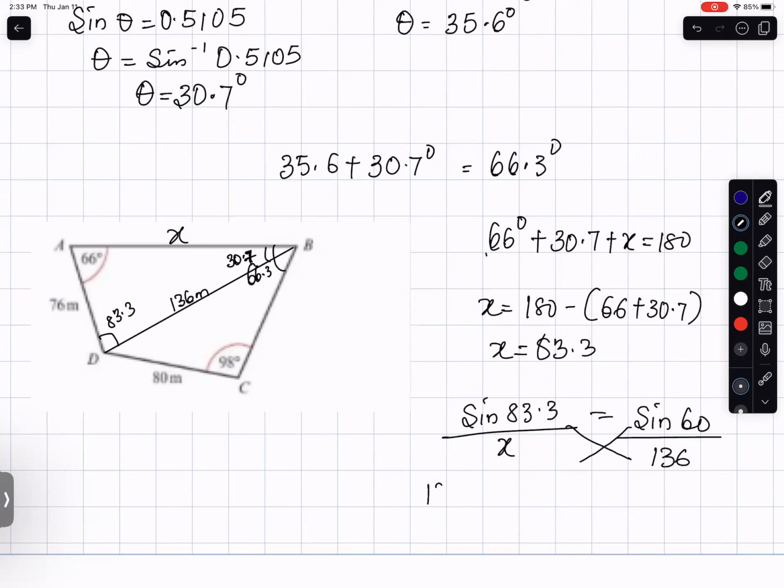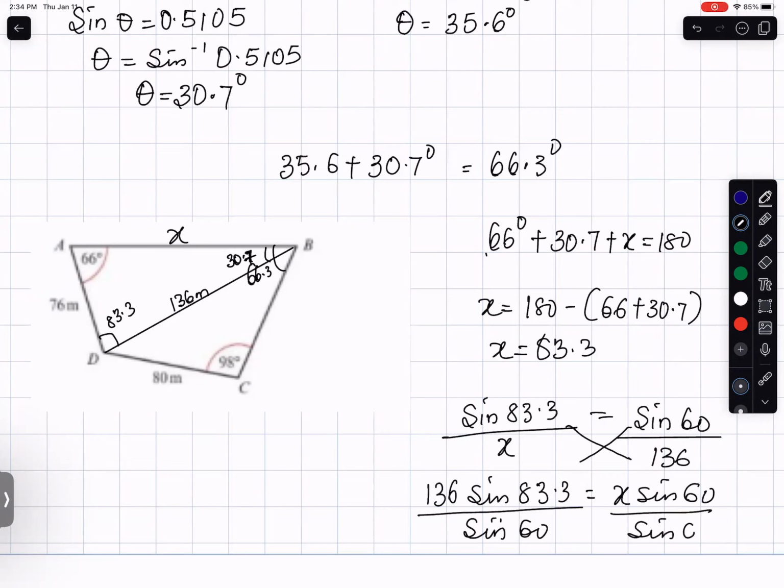We have 136 sine 83.3 equals x sine 60. Dividing both sides by sine 60, the value for x will give us 148 meters. So we've got our line AB as 148. So AB is equal to 148 meters.